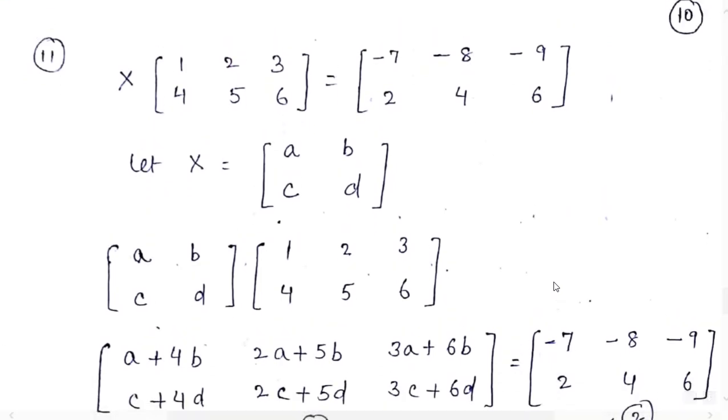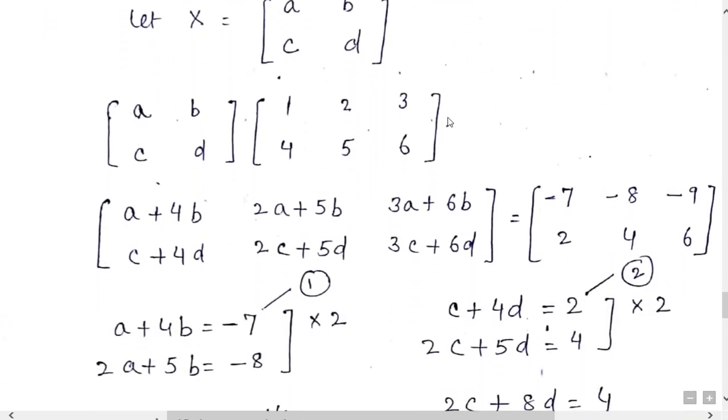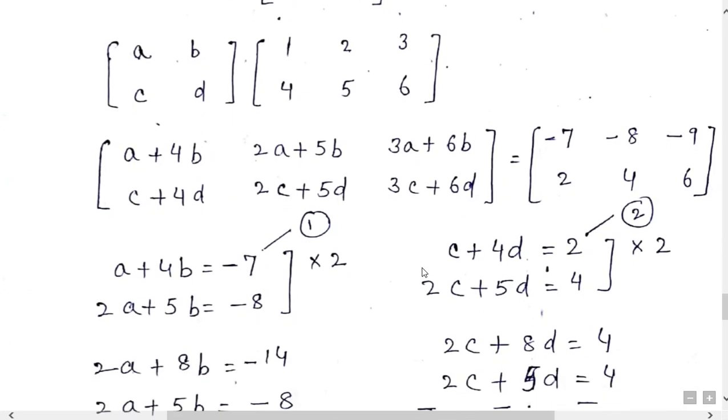In this question, you have to calculate the value of x. X is a matrix. Let us consider this matrix as A, B, C and D. Then multiply. You will get some equations. A plus 4B is clearly equal to minus 7 and 2A plus 5B is equal to minus 8.